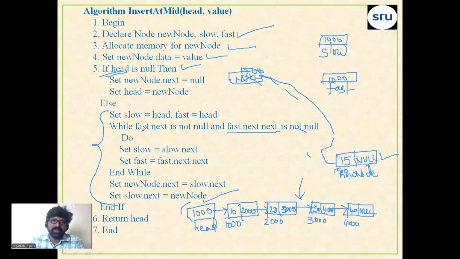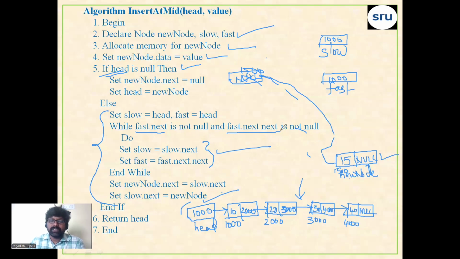Fast dot next dot next is 3000. So here we are checking fast dot next as well as fast dot next dot next, whether they are not null. Until you get null, we need to perform these two operations.